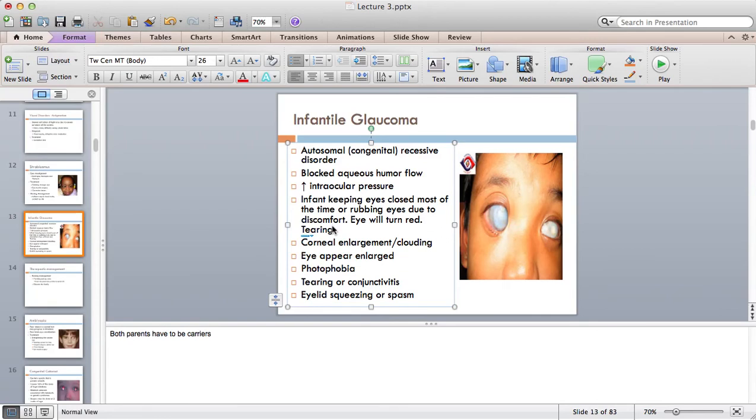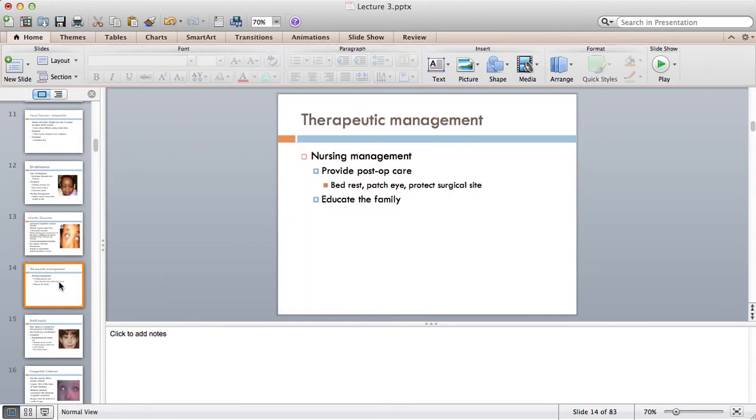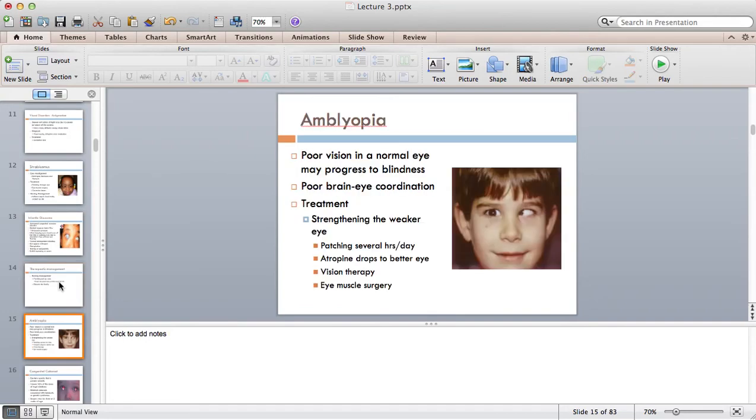Again, that needs to be corrected. They do a surgical procedure or patch the eye as well to retrain the eyes, and then our role again is to educate the patient. Again, poor vision in a normal eye would be amblyopia, which is poor coordination of the eye with the brain.